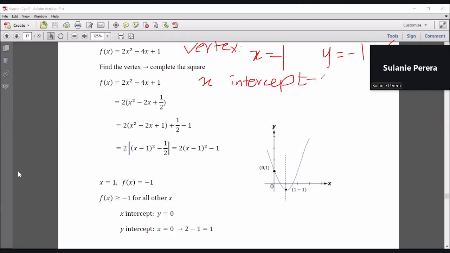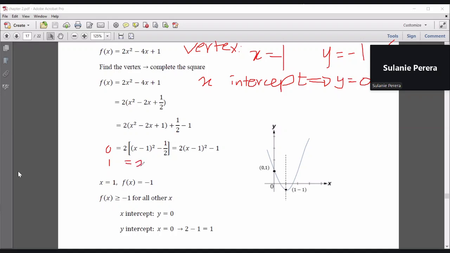For the x-intercept, we substitute y equals 0. So here y equals 0. So if you plug in y equals 0, you can take 1 to this side.